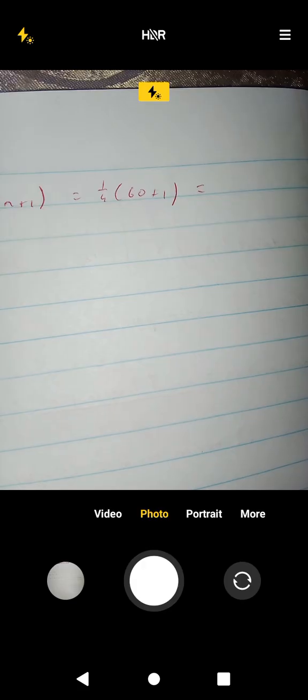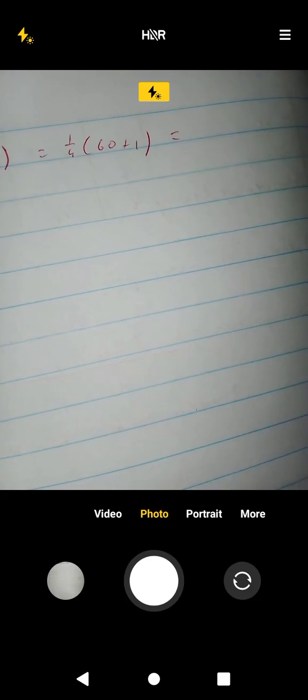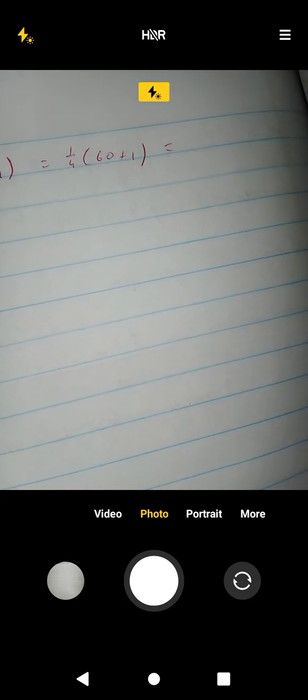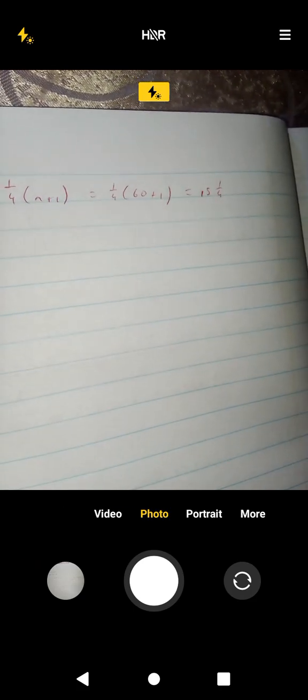I hope you have your calculator because I have mine right here. So it's 61 divided by 4. So that's 15 and 1 over 4. 15, 1 over 4.